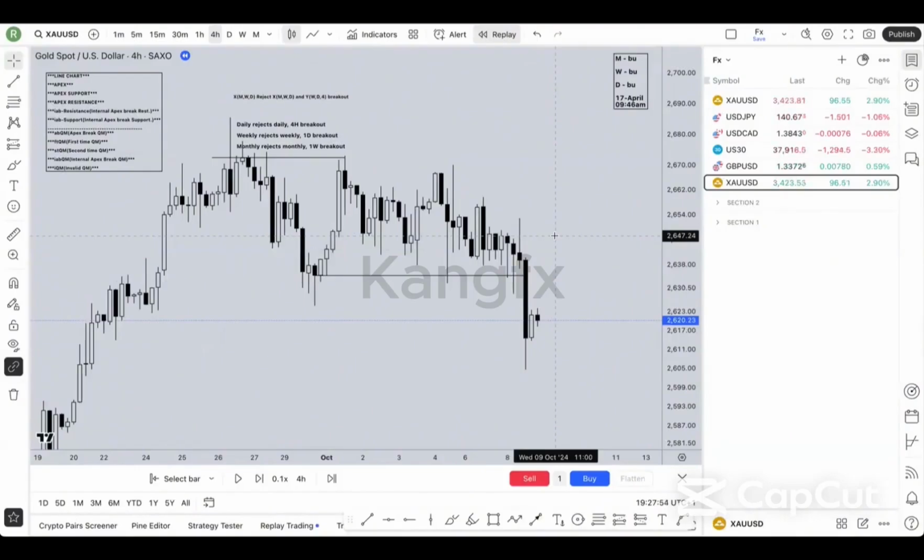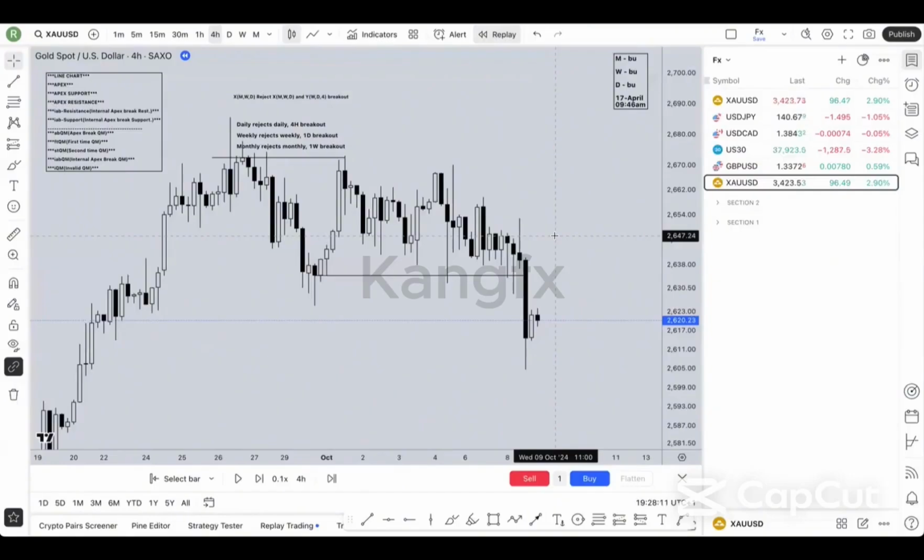Or if weekly reject weekly this week and this same week did the breakout, it's very strong. Now, if we have daily reject daily today, but there was no breakout today, and there's a breakout tomorrow, it's still strong, but not as strong as the one that happened on the same day.